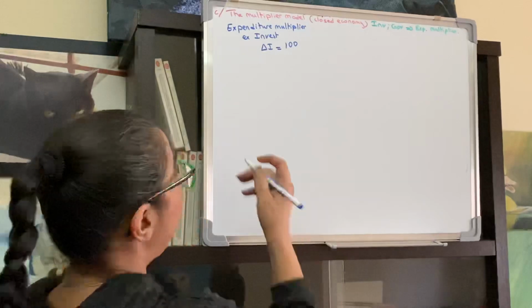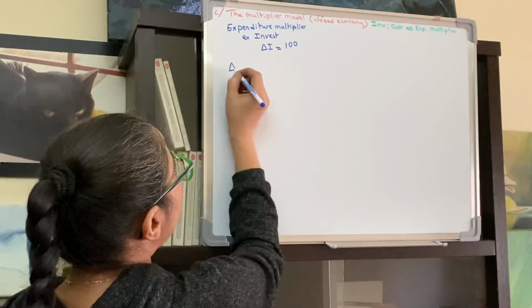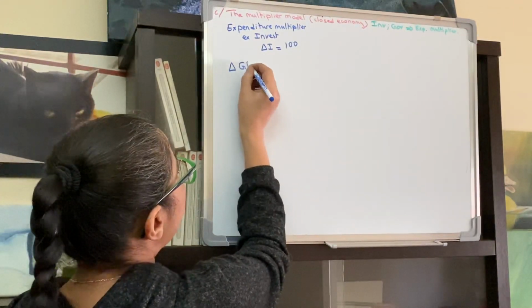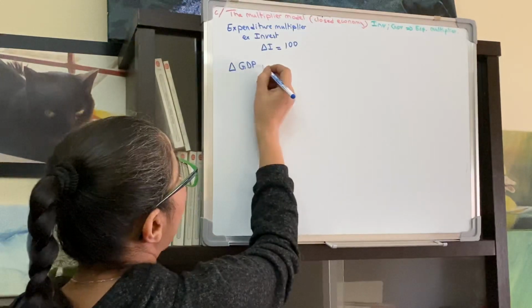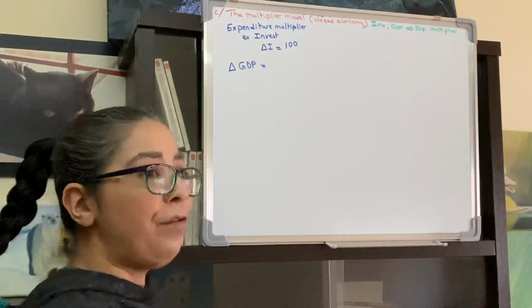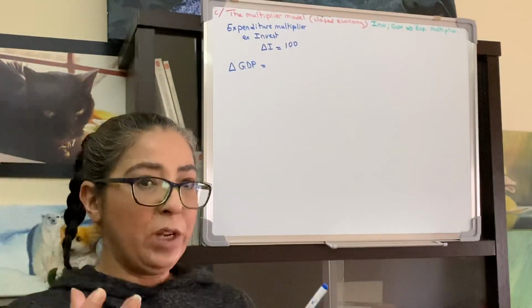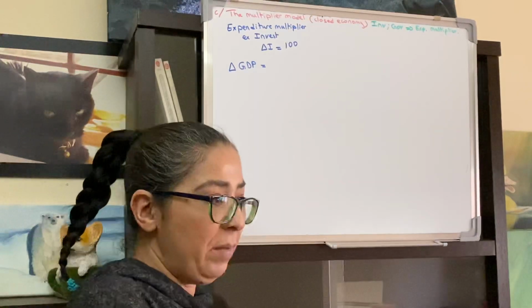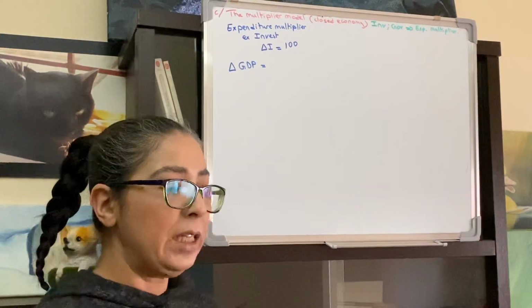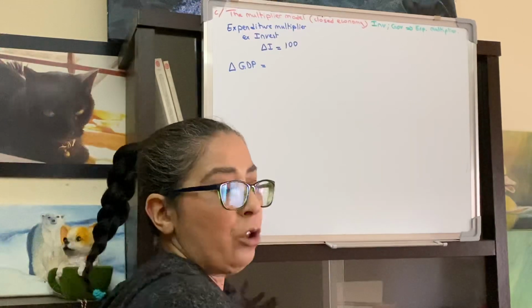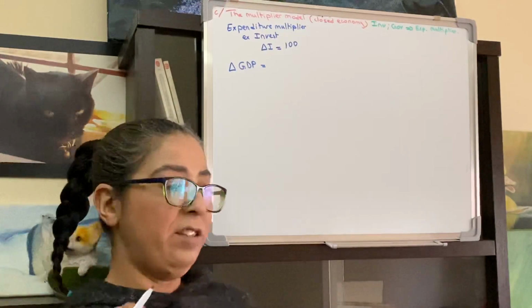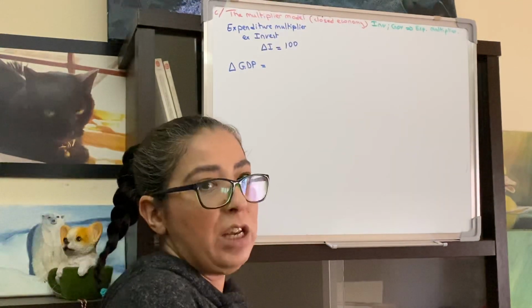I'm going to try to calculate the change in GDP. The first change in GDP: those $100, I put them in the economy, meaning that I spent them in order to buy something, isn't it? I spent $100 in the investment.